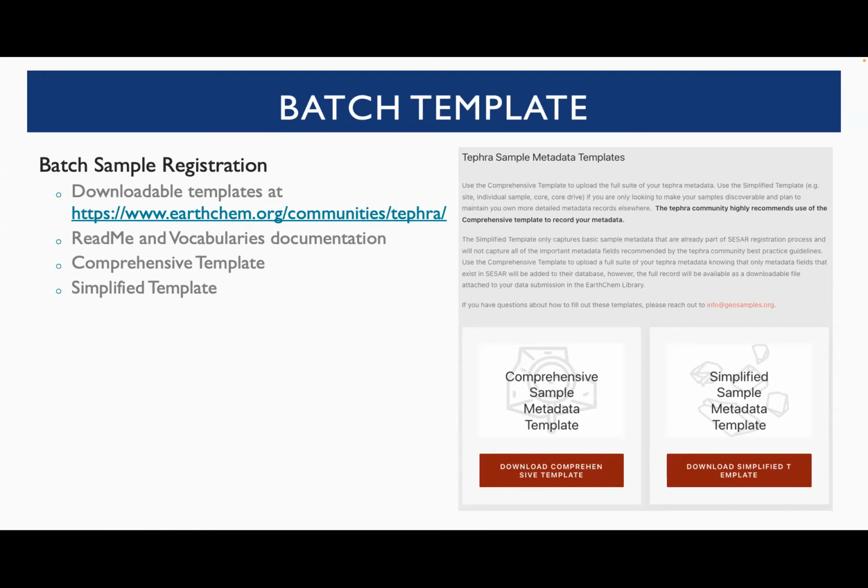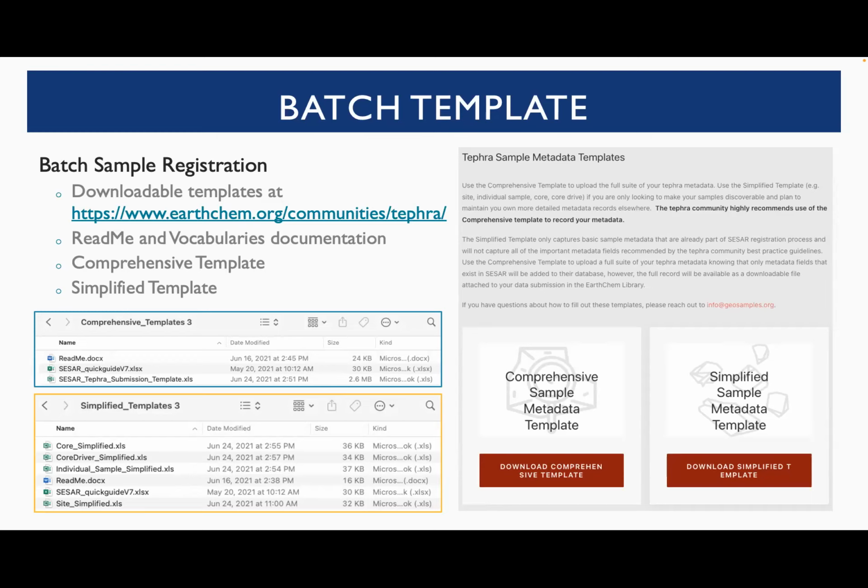It's fine, don't worry. So now moving on to the batch template. I'm sure Kirsten has discussed this earlier today. So the CSAR templates, there are two kinds, the comprehensive and the simplified, and they live in the Tephra community page in ECL. Each download will come with a README document that gives you an outline and information about the actual templates themselves.